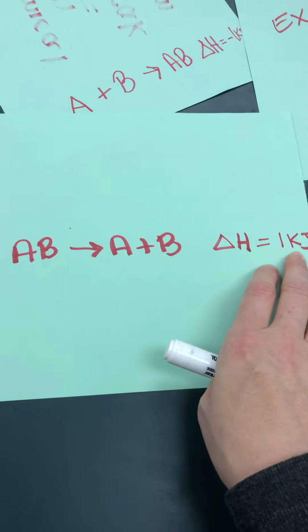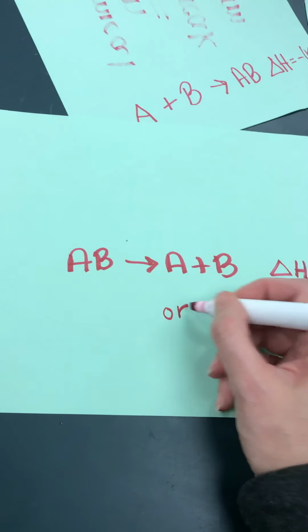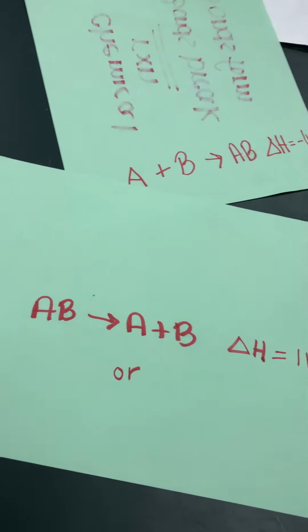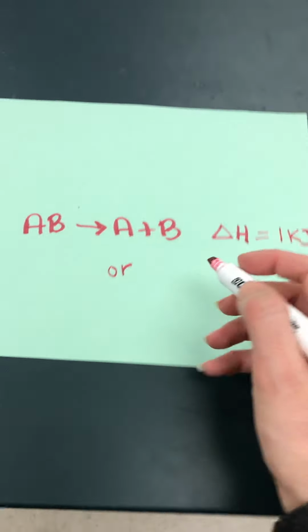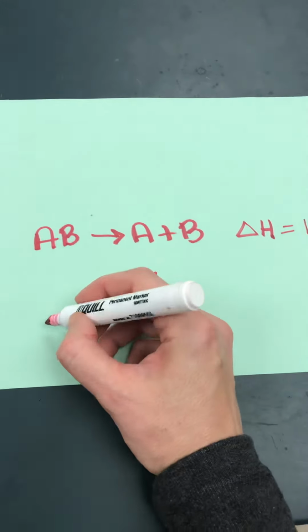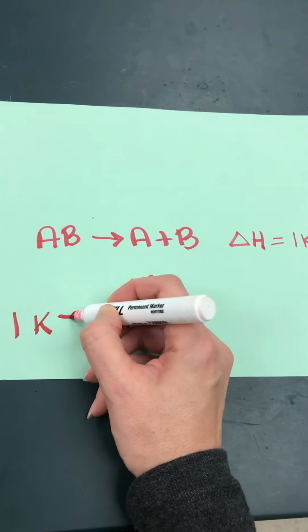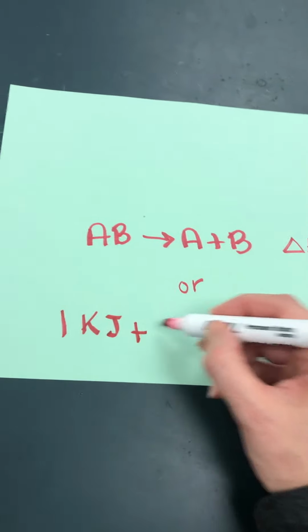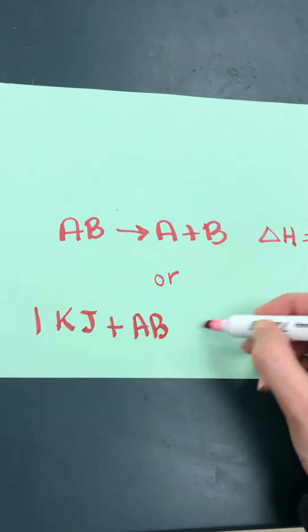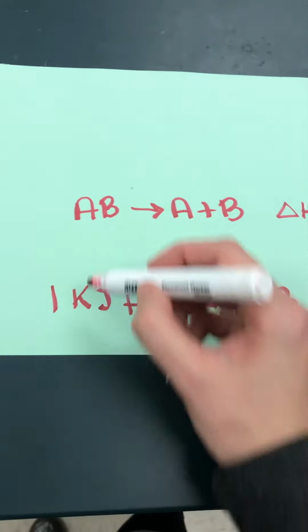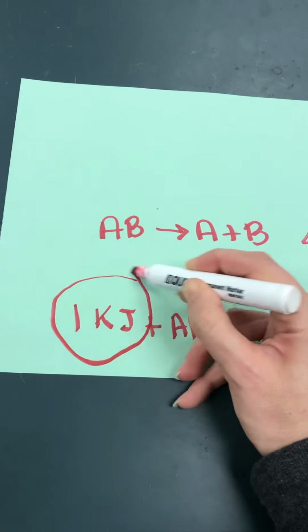Notice it's positive. Or I can write it, now remember in endothermic, heat is absorbed. So in this instance, I'm actually going to insert heat into the equation. So I'm going to put that 1 kilojoule here in the front plus my AB yields A plus B. So notice in this instance, the heat was put as a reactant.